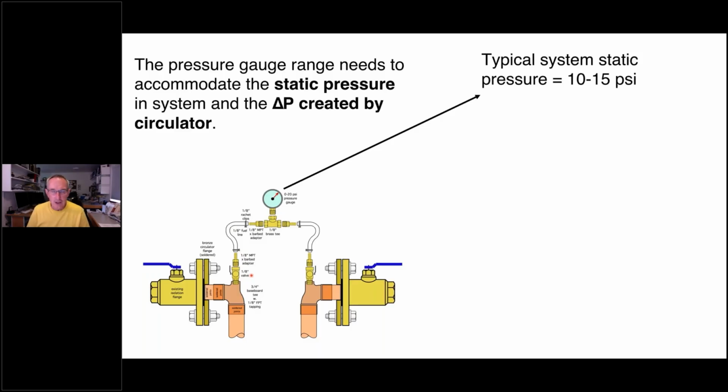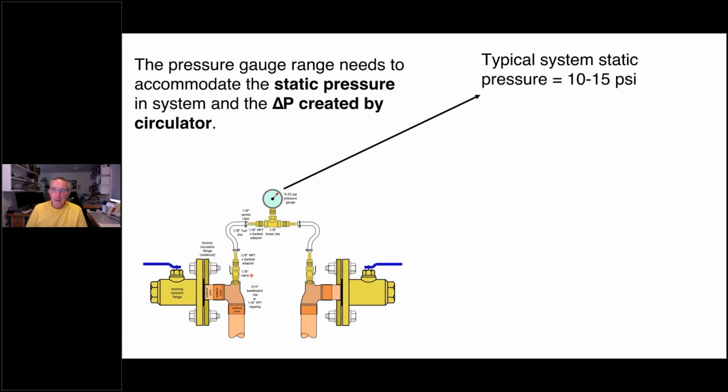But most residential, light commercial systems actually have 30 psi rated relief valves. So you really don't want to get to 30 psi or even 29 psi because you're getting close to the point where the relief valve would start to open up. But in any case, we're going to have a static pressure.